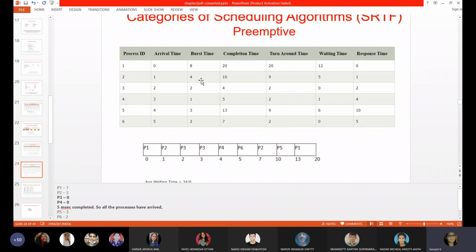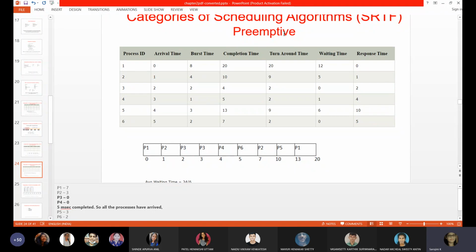Now, which process should go to execution? The process which has the shortest burst time. So process P2 will be given a chance. Process P1 is evicted after completing only 1 millisecond. Still, it has 7 milliseconds to use the CPU, but it is evicted. How? Because the algorithm is a preemptive algorithm.